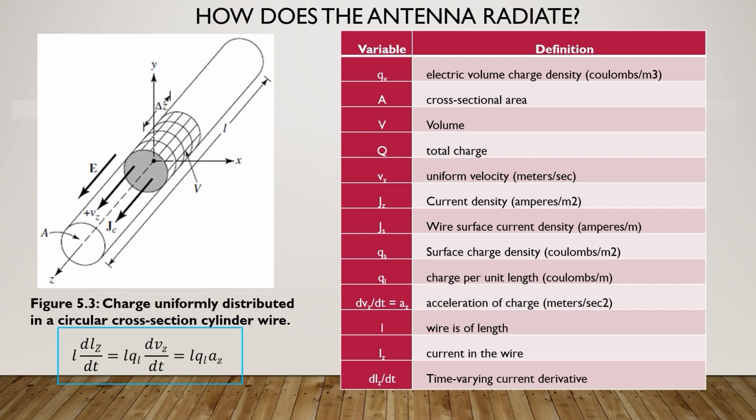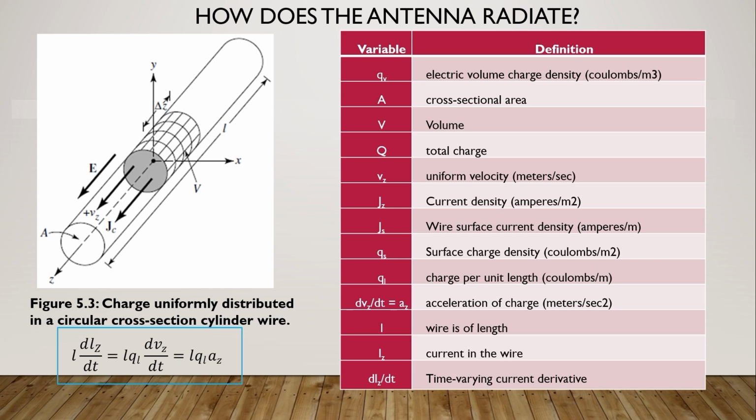Conducting wires are materials whose prominent characteristic is motion of electric charges and the creation of current flow. We will be analyzing a conducting wire as shown in figure 5.3 to understand the radiation properties. There are some important variables we need to understand first. The first variable is Qv, which is electric volume charge density.